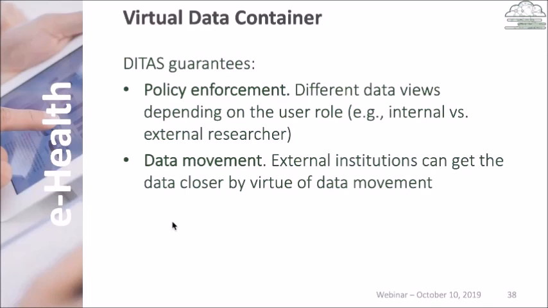The second important aspect for us was the possibility of performing data movement. For instance, in the case of the research application, external institutions can get the data closer thanks to data movement if they are willing to invest some resources. And this is managed automatically by the DITAS framework.